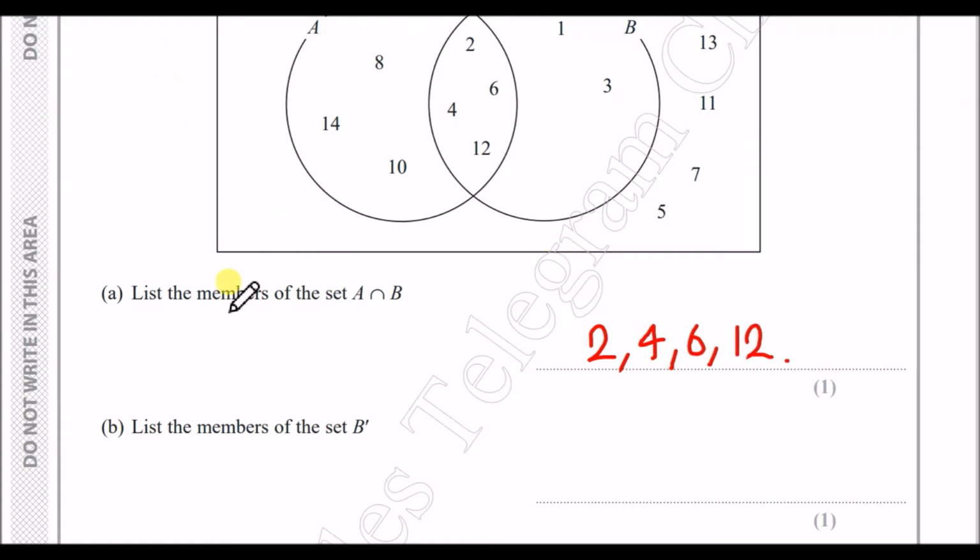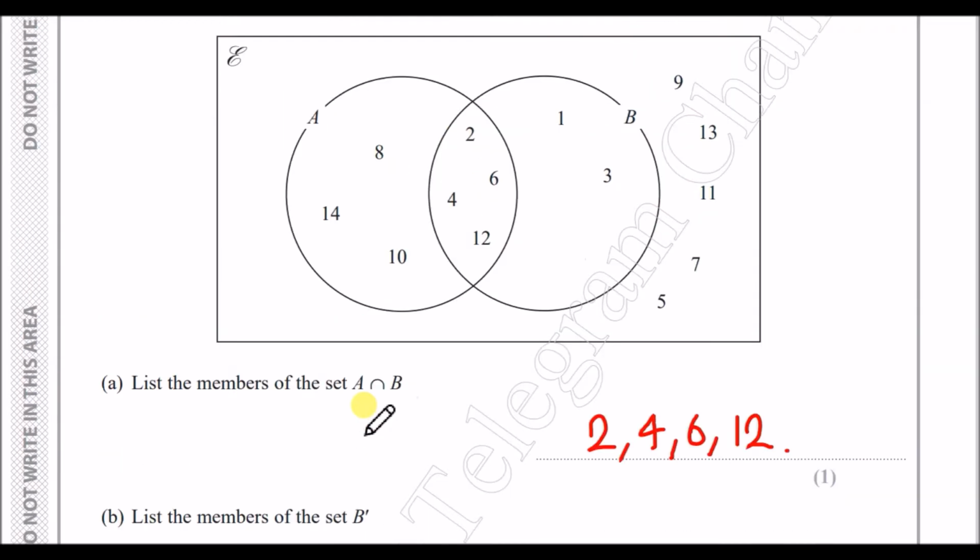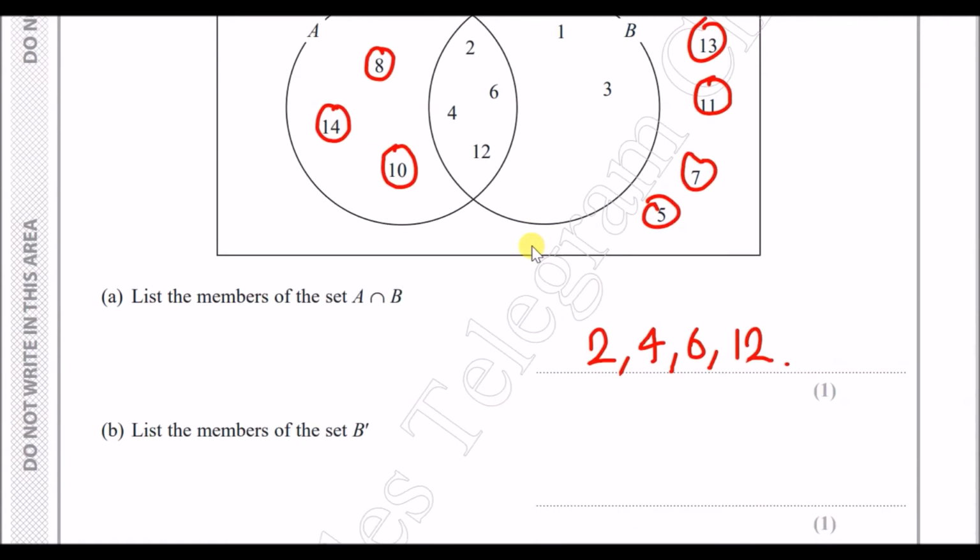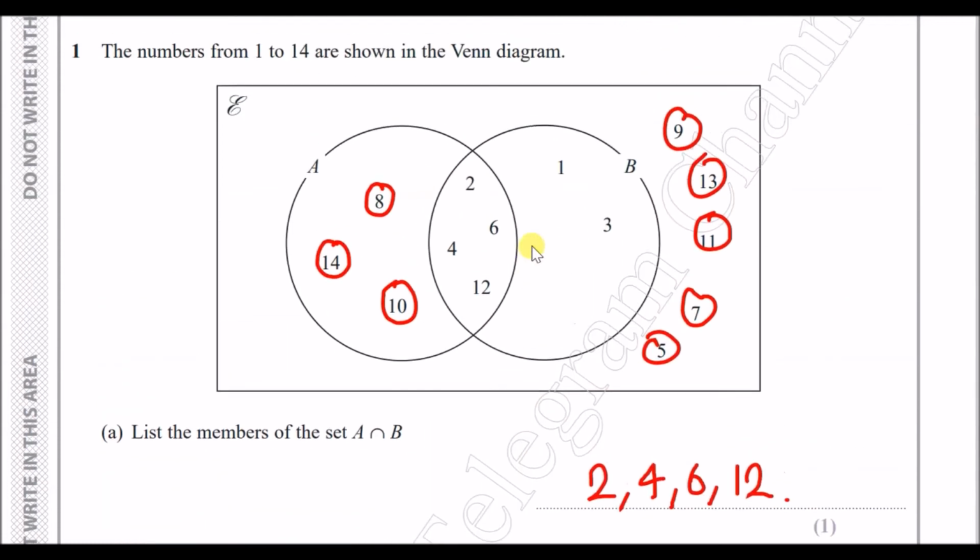Now list the members of the set B', with the little apostrophe sign. This means the complement of B, or everything outside the B circle. Looking at the B circle, everything inside it is 1, 2, 3, 4, 6, 12. So everything outside it includes 8, 14, 10, and then the ones over here too. It's kind of long to list, so I'm just going to list it outside over here.